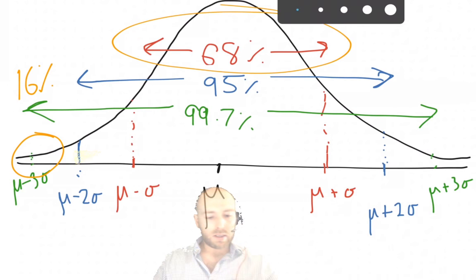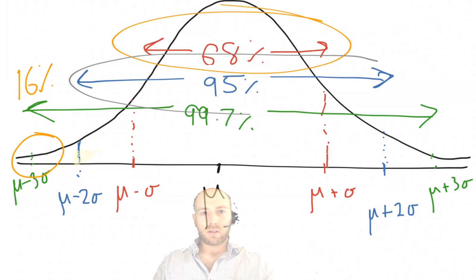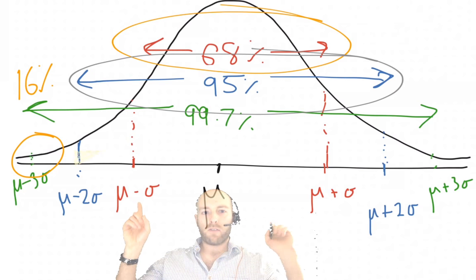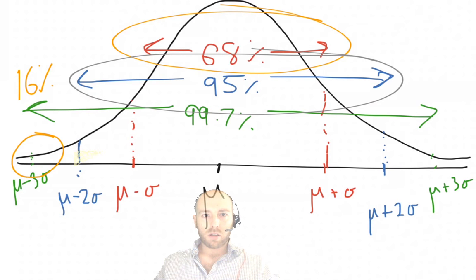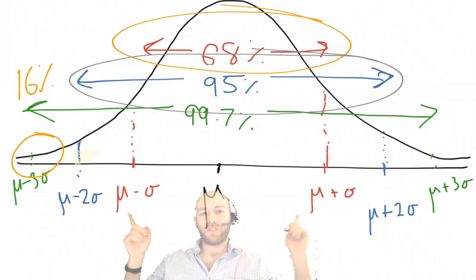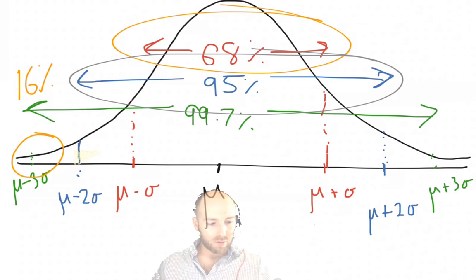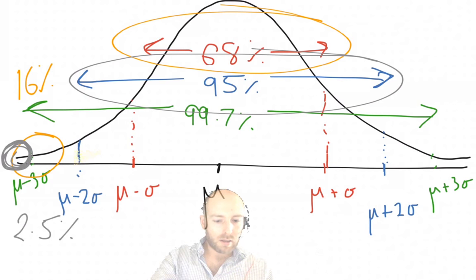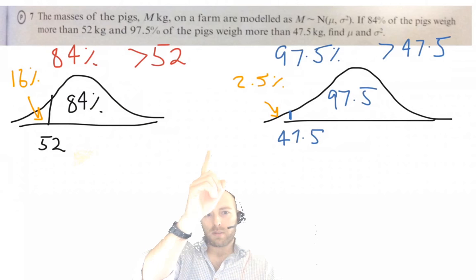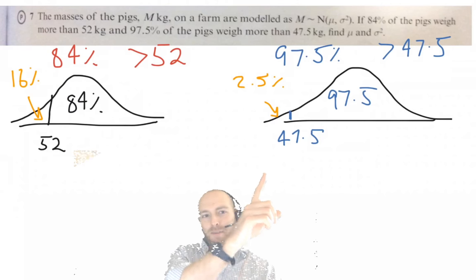Cool. For 95%, it means there are 5% split for each tail, which will be 2.5% per tail. So right in the corner over here, that is 2.5% again, which links up with our 2.5% over here.